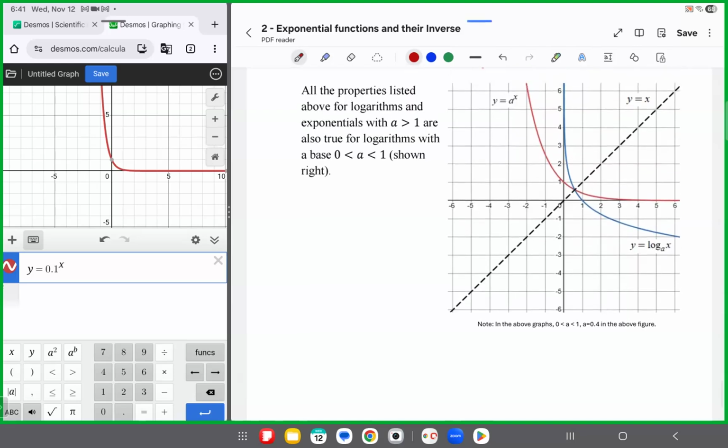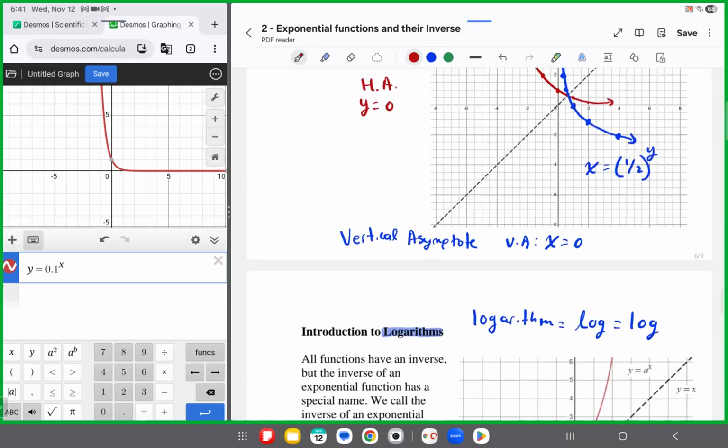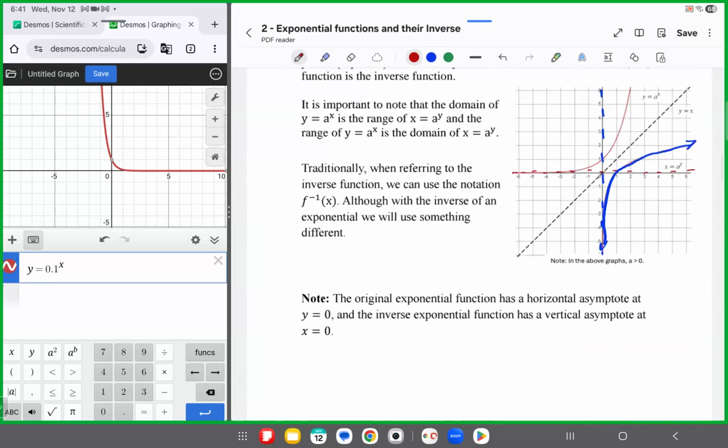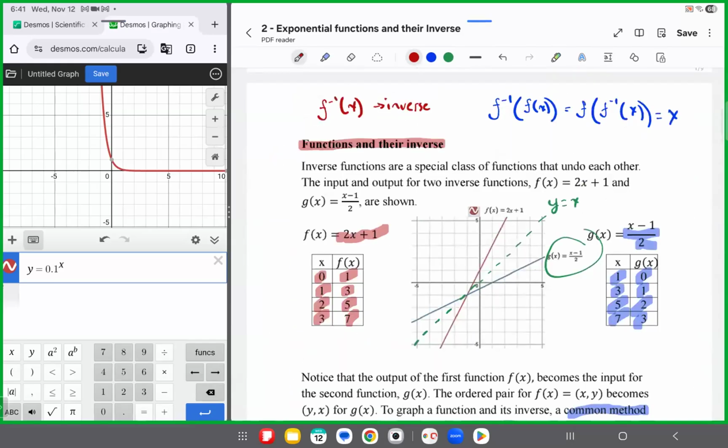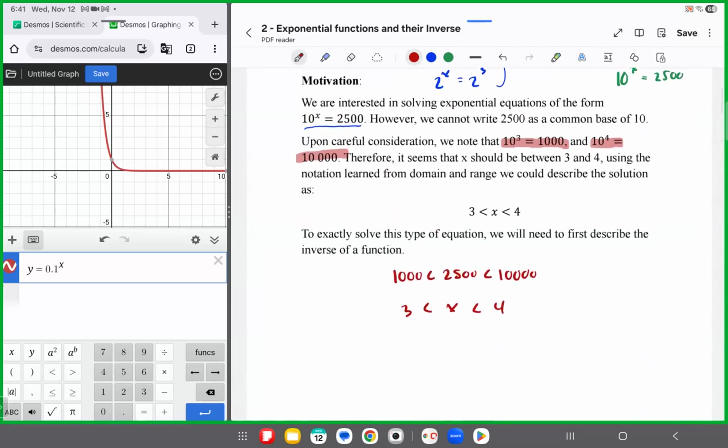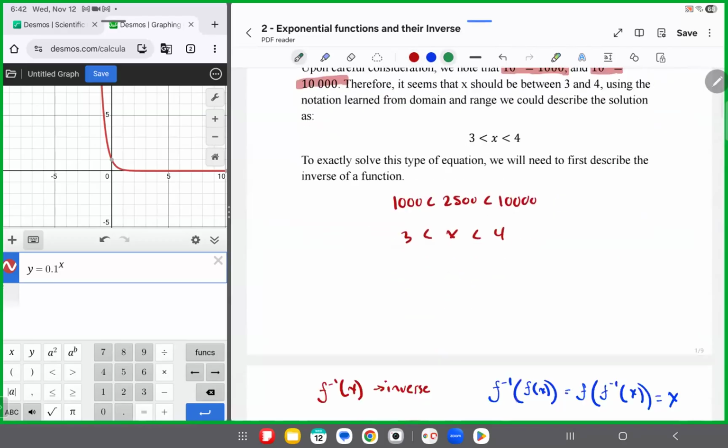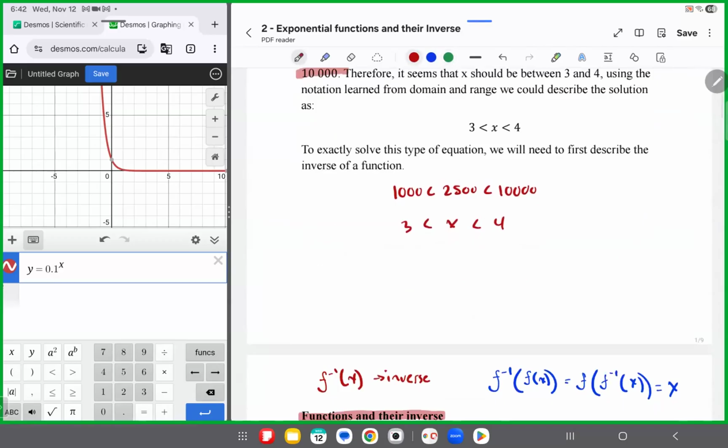And so where that leads us will be for tomorrow, but I thought we'd give a little bit of a teaser. We can now solve questions like 10 to the power of x equals 2500, and its inverse would be x is equal to log base 10 of 2500.